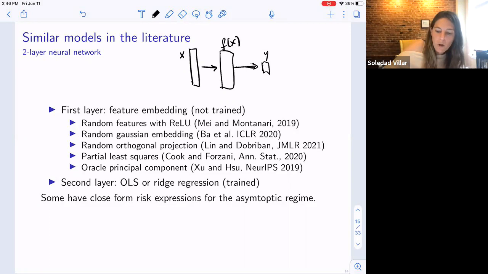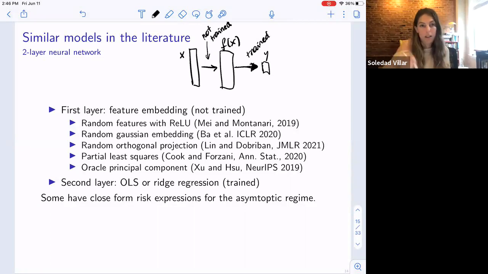So these models consider this kind of two-layer neural network, but the second layer is trained using some form of regression, while the first layer is not trained. It's a fixed model that extracts the features from the data.